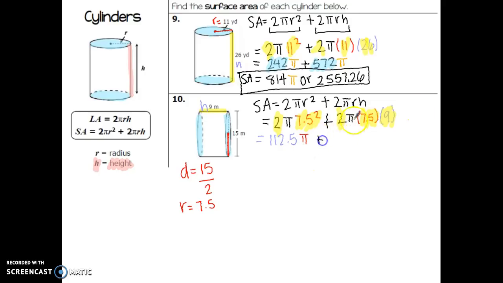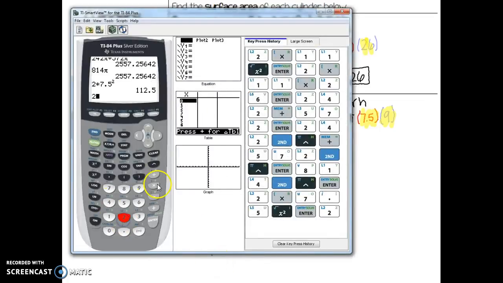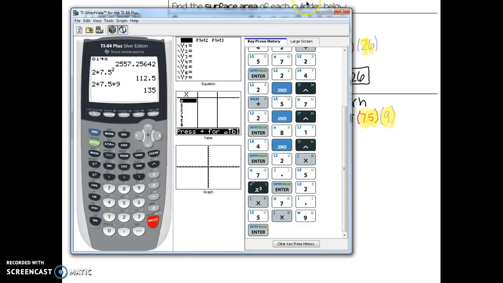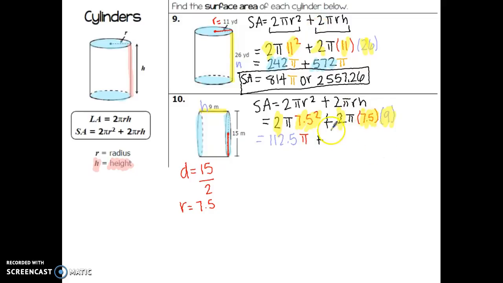On the other hand, we say 2 times 7.5 times 9. Click enter, that is 135. So I'll say 135, don't forget the pi. And we are done with that step.